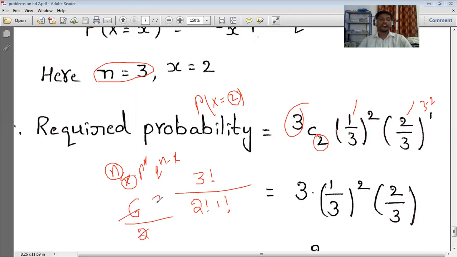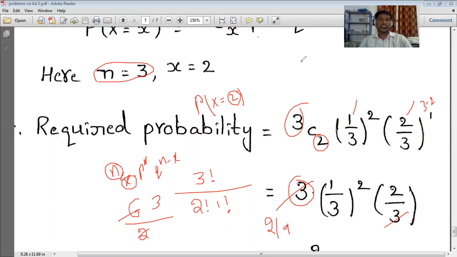So 3C2 is nothing but 3, then 1 by 3 whole square into 2 by 3. Here the 3 and the 3 cancel. 1 by 3 whole square is nothing but 1 by 9, and here it is 2. So the final answer is 2 by 9. Okay, so this is how we can calculate it.